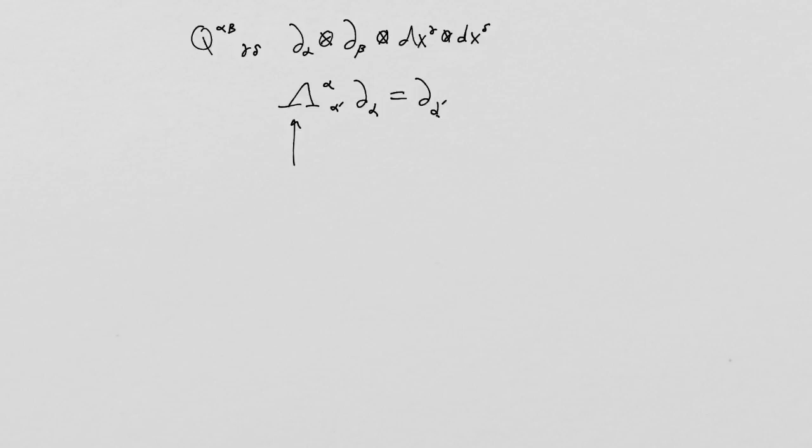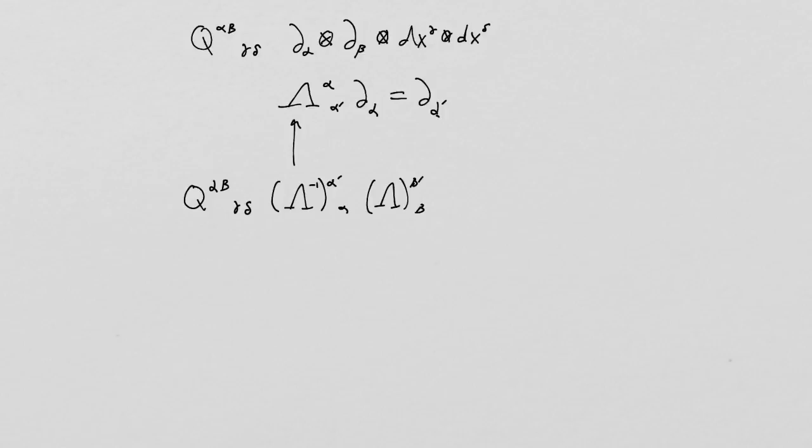So now once we know that, we remember the rule of how these things transform, and the components transform in the opposite direction by index as the basis vectors. So ultimately what this means is that Q, alpha, beta, gamma, delta will transform with two inverse matrices, alpha prime alpha, and the inverse matrix beta prime beta.